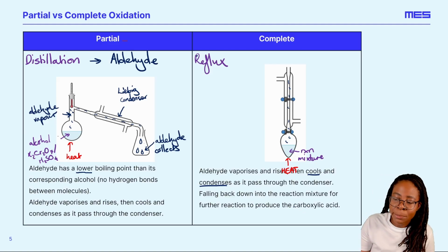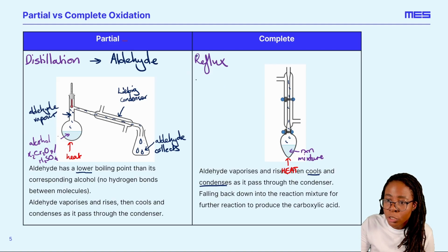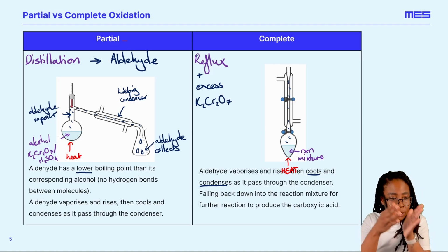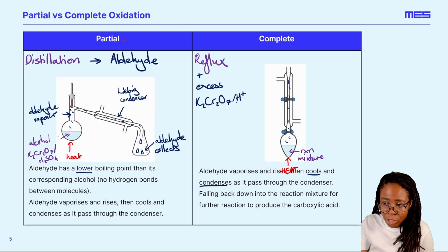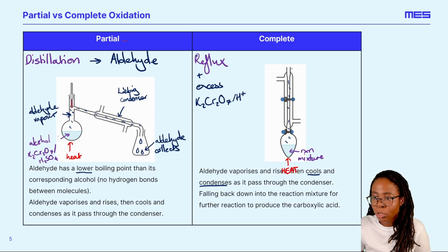To really make sure that the reaction goes to completion, we might also want to use excess of our oxidizing agent. We want a lot of it because we need the reaction to essentially happen two times over. So we need to make sure there's enough of our oxidizing agent to allow the reaction to go to completion.